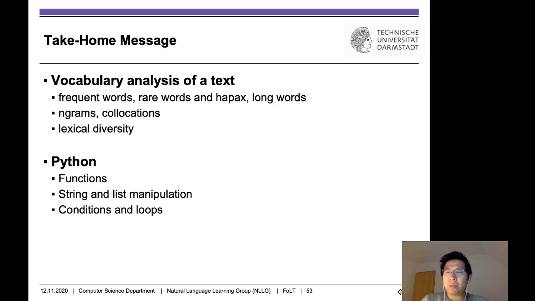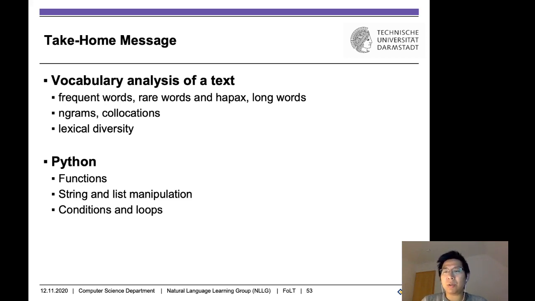Now we will review what we learned in these lectures. Basically, we know how to use Python and NLTK to do some very basic analysis for text. We know how to build our vocabularies and how to find frequent words, rare words, and long words.